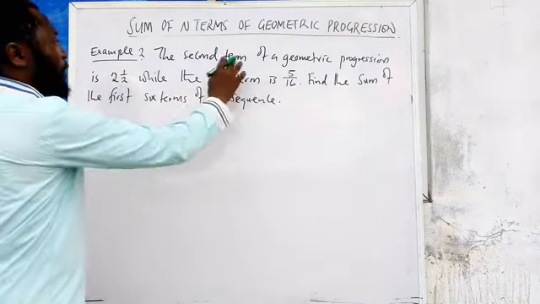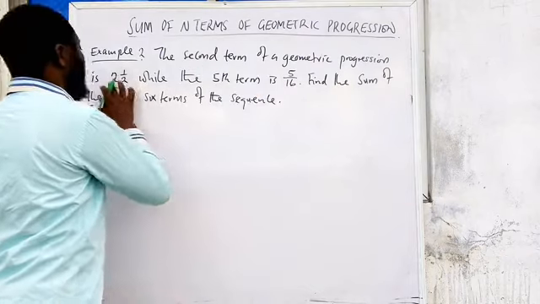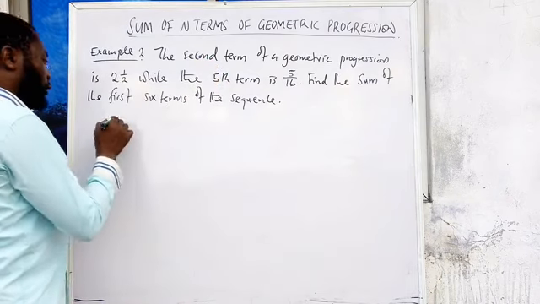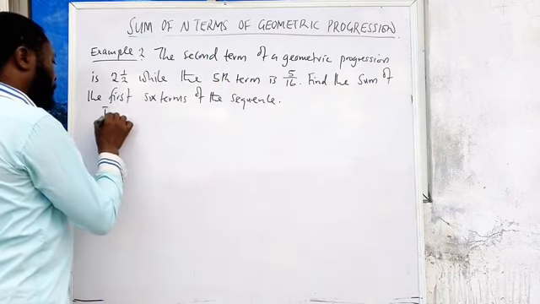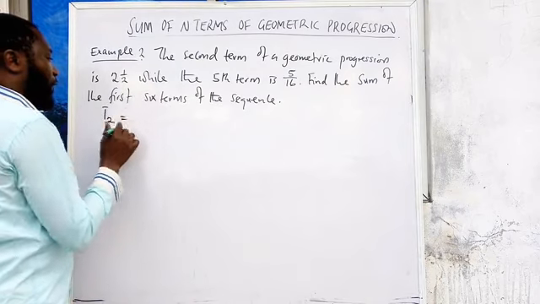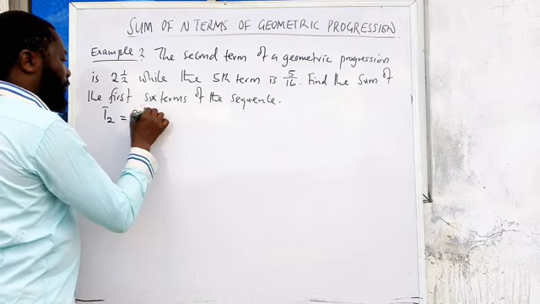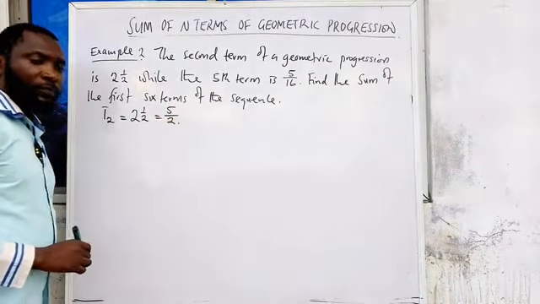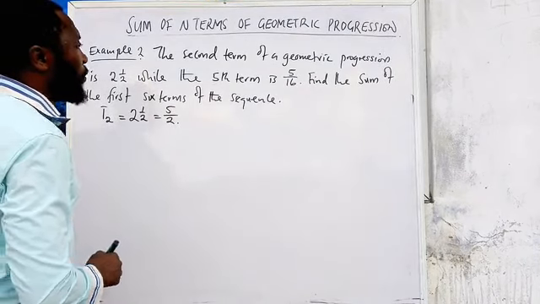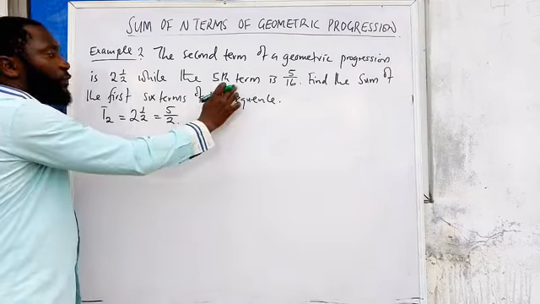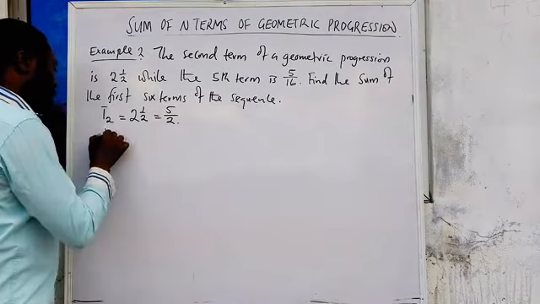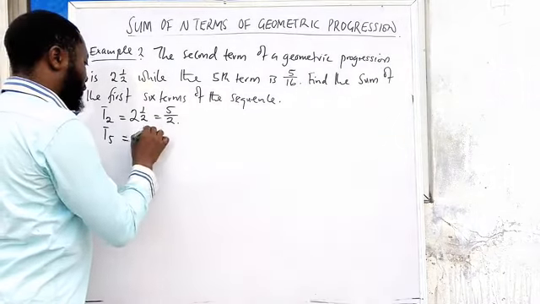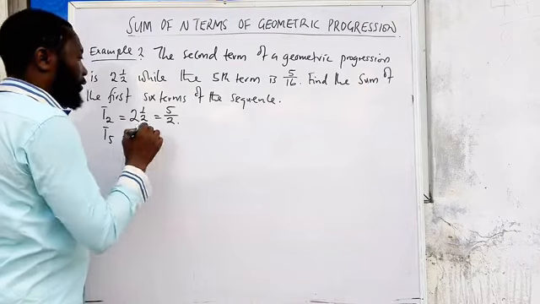Now in this question, the second term is T2 equals 2.5, and that 2.5 is just 5/2. Also, the fifth term is T5 equals 5 divided by 16.